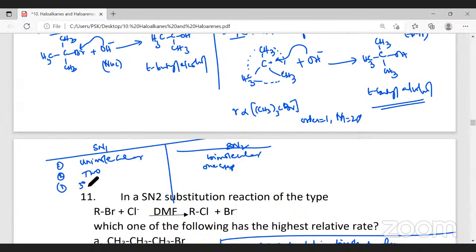Third point, tertiary alkyl halide undergoes SN1 more easily compared to secondary, compared to primary and methyl. And for SN2, methyl will undergo more easily compared to primary, compared to secondary, and compared to tertiary. Fourth difference, a mild nucleophile is enough for SN1. For SN2, you need to have a strong nucleophile.